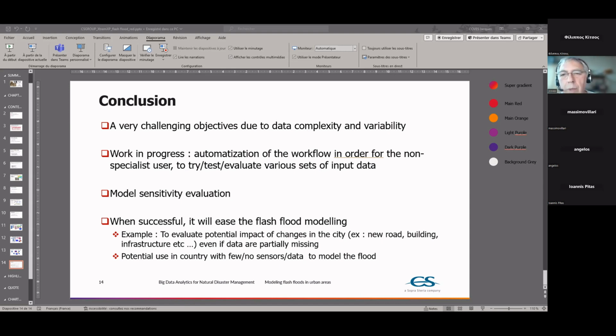The other data are all public data. Even the LiDAR data are public. You can download it from the National Geographic Agency, by department and so on, and then you have to process it. Except for the historical event data from the city, everything is public.